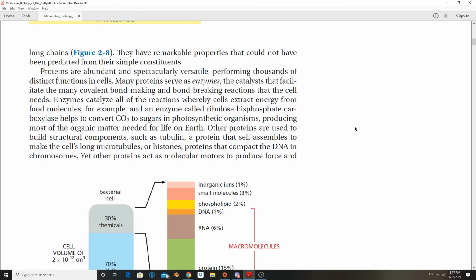Now, again, proteins are really cool because they can fold and they can shape themselves to whatever purpose they're supposed to do. Many of them serve as enzymes, and enzymes catalyze all the reactions that happen in the cell, whether that be extracting energy from food molecules or fixing carbon dioxide into a sugar, or even building components of the cell, or even making other proteins.